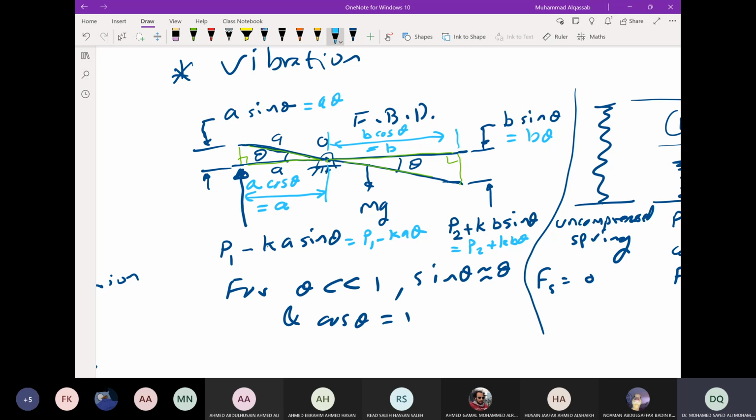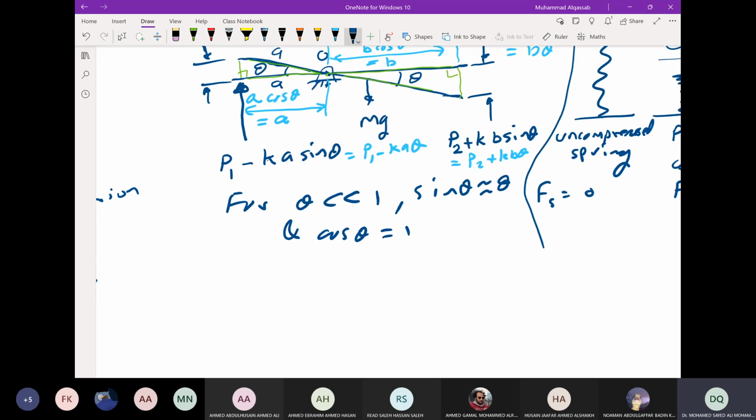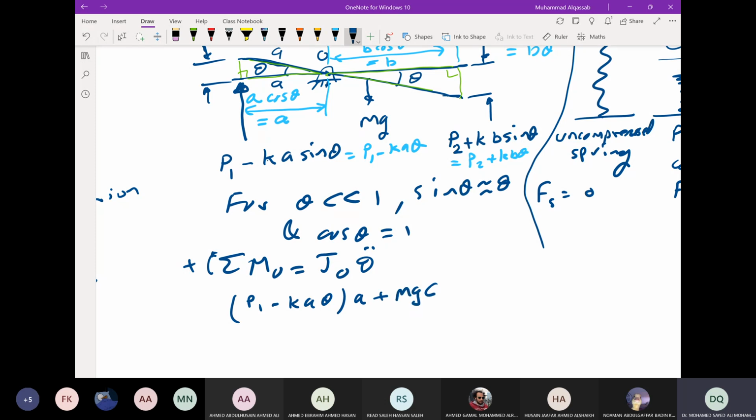And then the equation of motion is obtained by Newton's second law, sum of moments about point O equal to JO theta double dot. The moment is clockwise positive because the direction of theta is taken clockwise. Then we have (P1 minus KA theta) times A plus mg times C minus (P2 plus KB theta) times B equal to JO theta double dot.